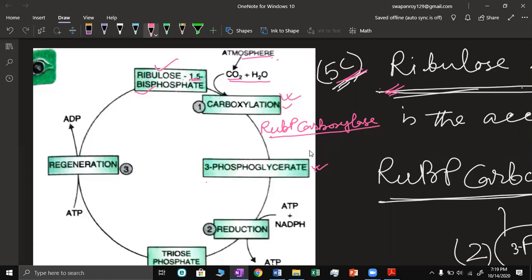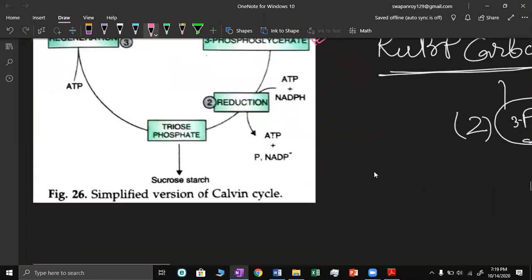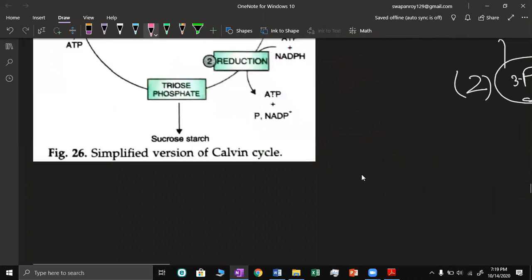Now one thing, this RUBP carboxylase has a dual nature. It not only functions as carboxylase, it also functions as oxygenase.